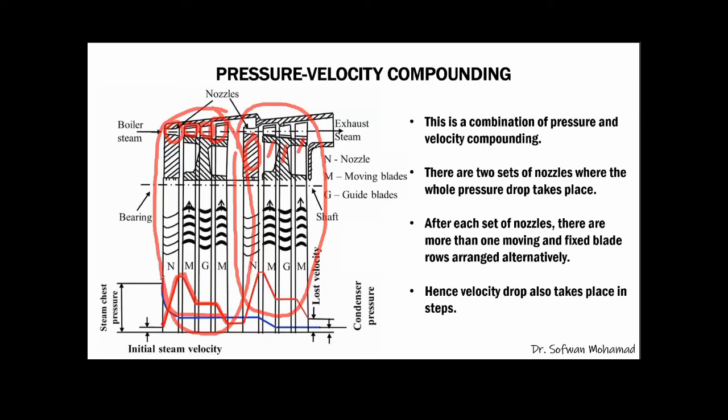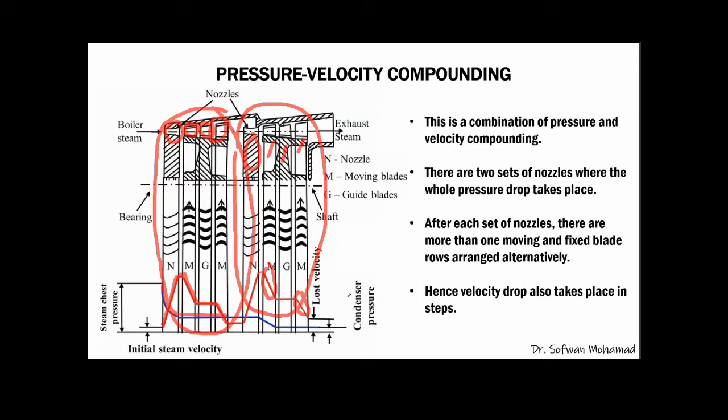So the pressure is decreased in two stages here, while the velocity will have another stage of decreasing inside the moving blade of the second stage. So this is a combination of pressure and velocity compounding.